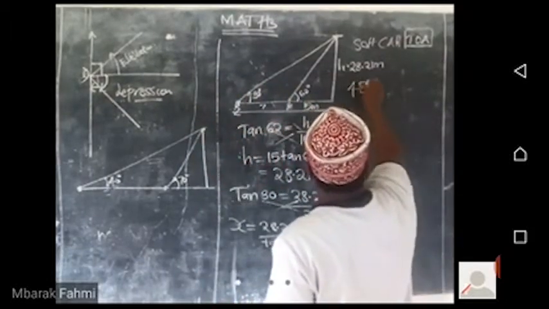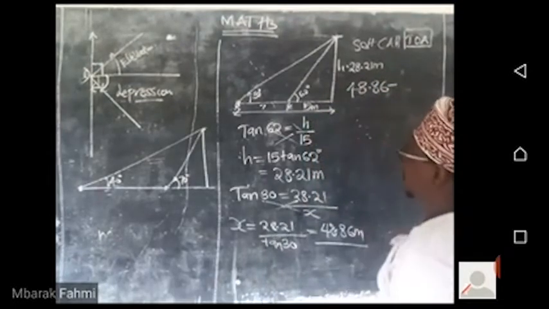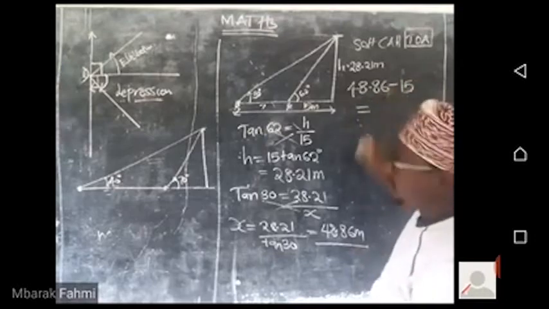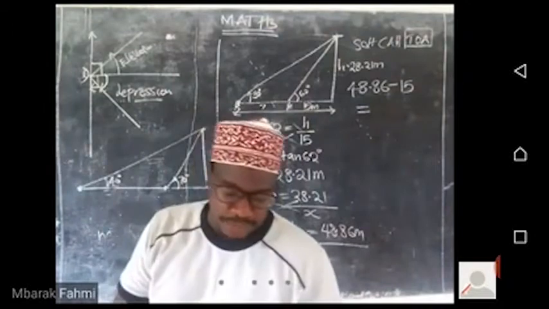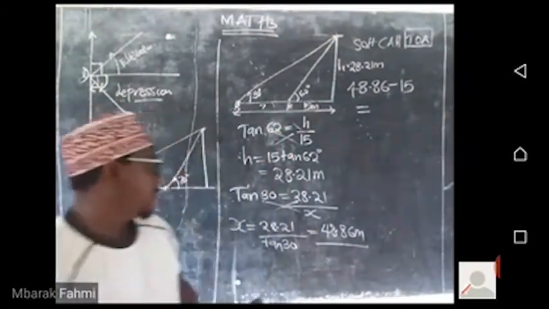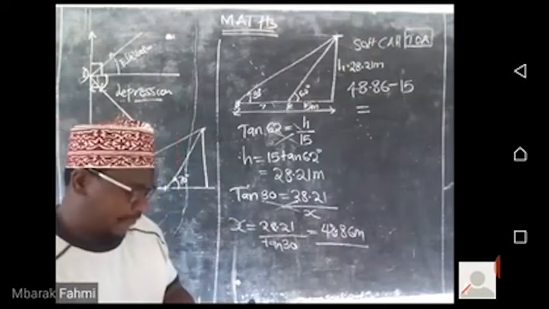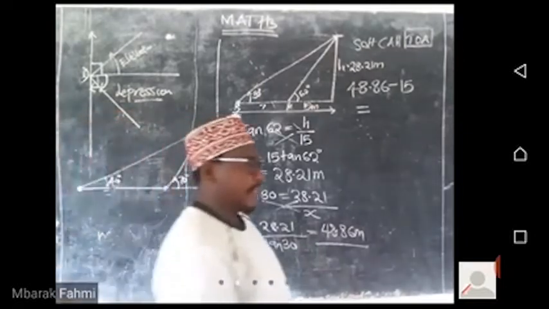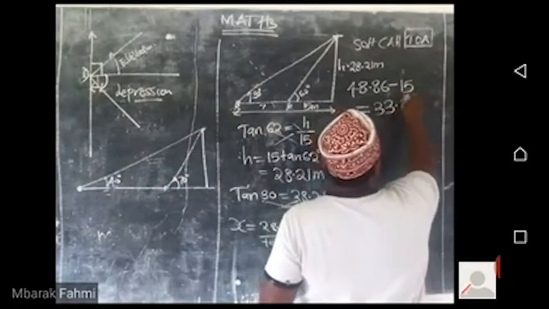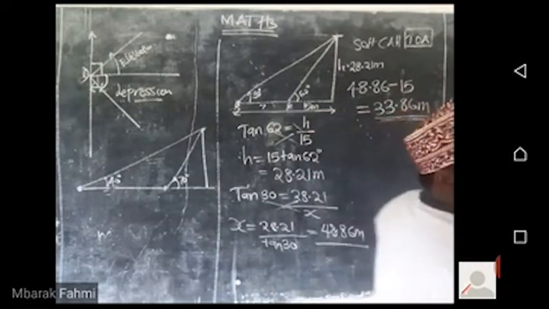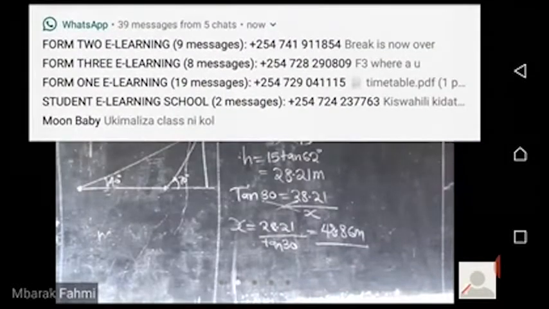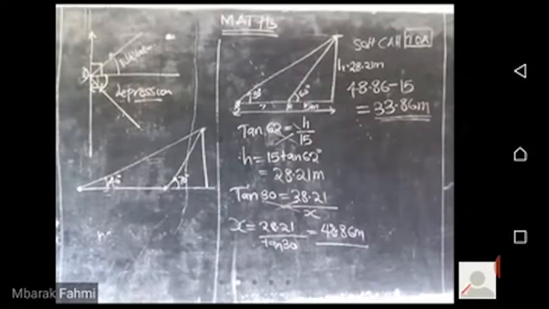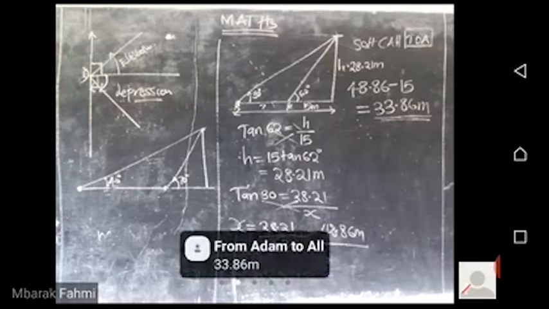So that will be 48.86 minus 15, which is 33.86. The two are 33.86 meters apart.